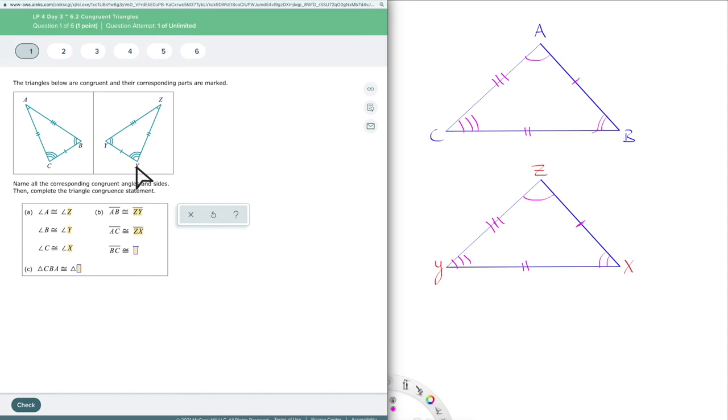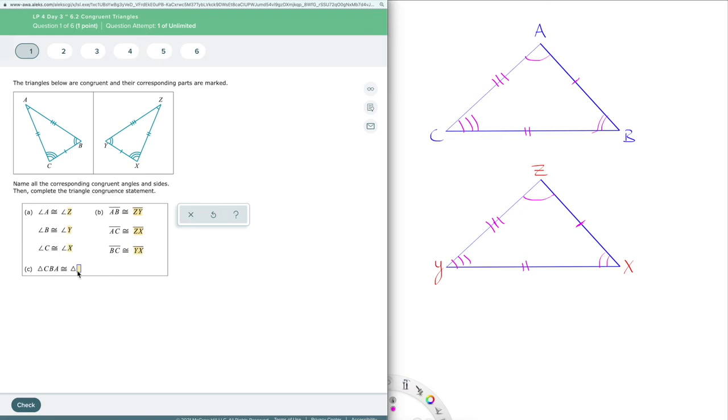So it's not just about the Z and the X, it's the direction I'm going. Because that also matters. We want them to always be in corresponding order. BC, so two arcs to three arcs, it'd be Y to X, and again I can see that BC, YX.